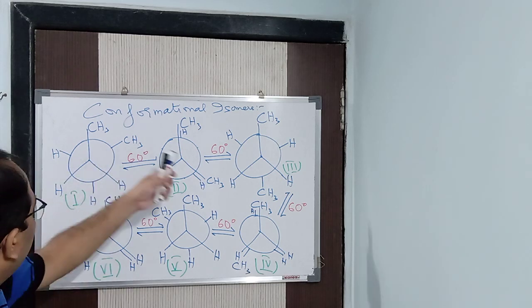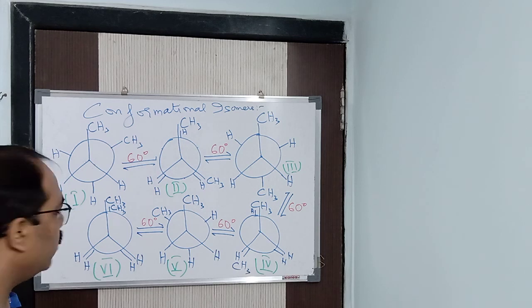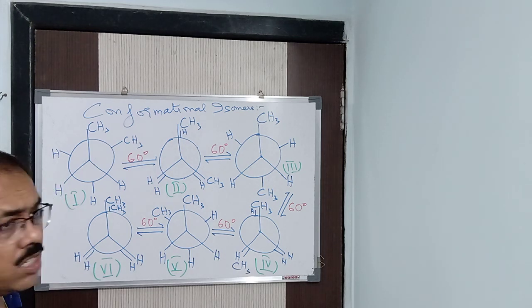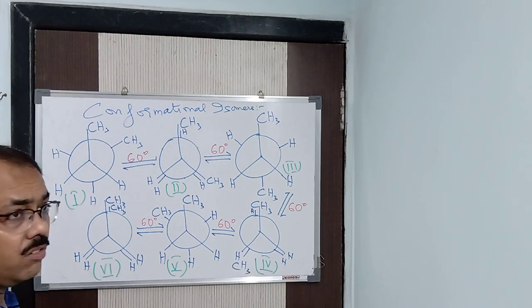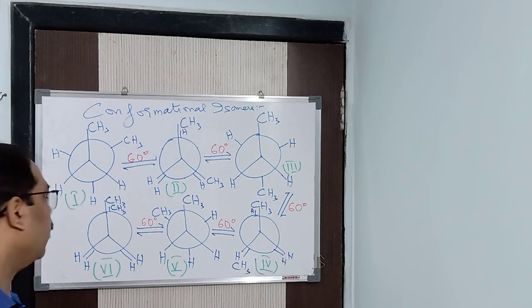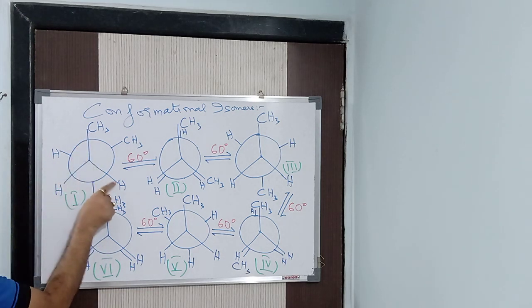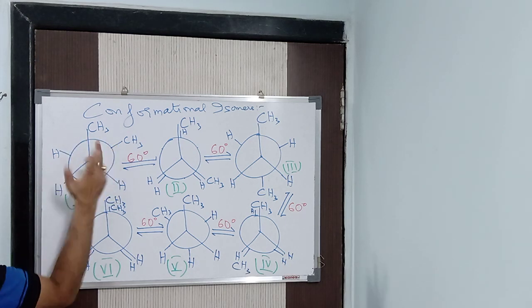Here I am showing you the different conformers, 6 conformers, 1, 2, 3, 4, 5, 6, which you can see here. They are nothing but the Newman projections of butane. Butane is CH3, CH2, CH2, CH3.